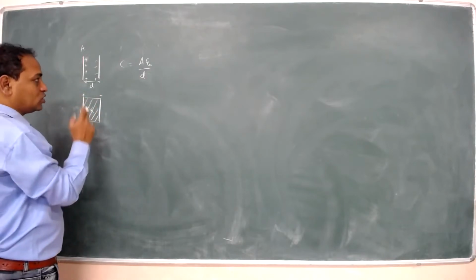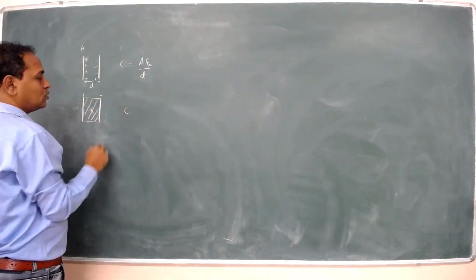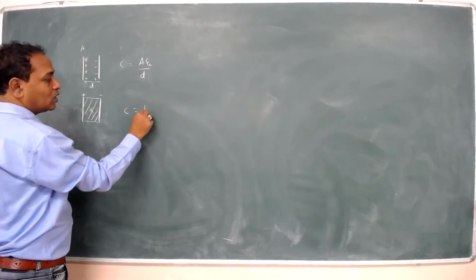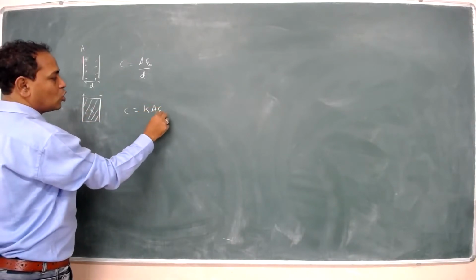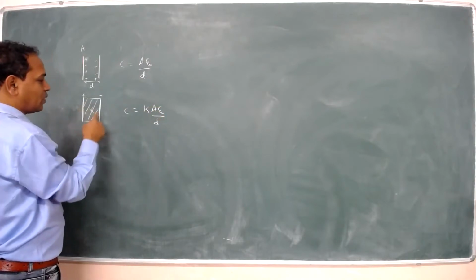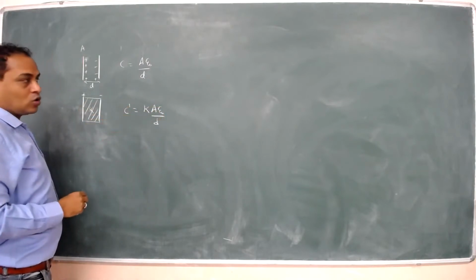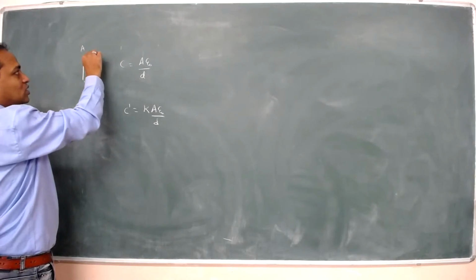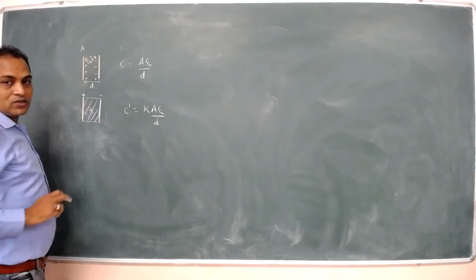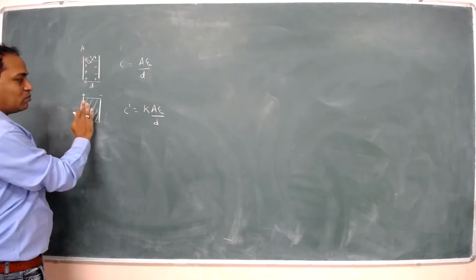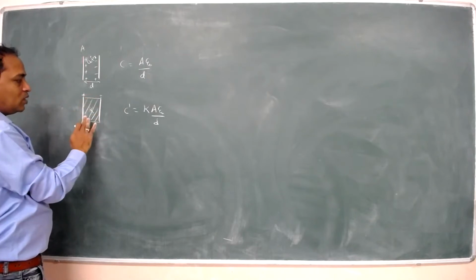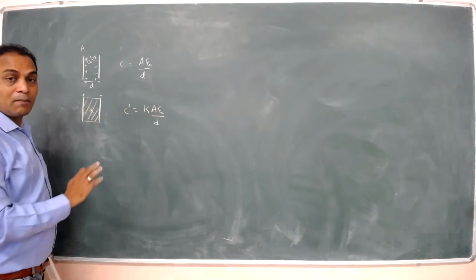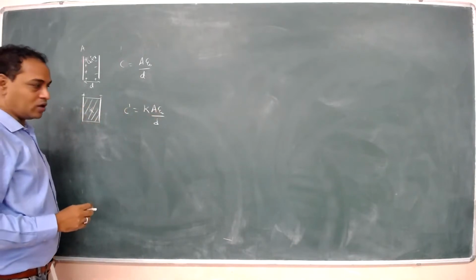We have seen for this also, that is C' equals K term will add up, that is K into A epsilon naught by D. Say its capacitance, that is C dash. So, if only air is there, nothing is there, we can say this is air or vacuum. Here, if you place some dielectric, some insulating medium, then this is the formula. If it is completely filled, okay.